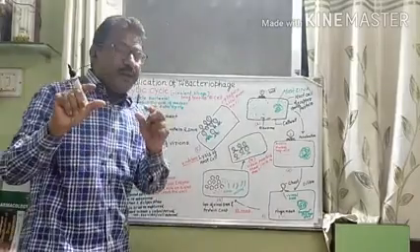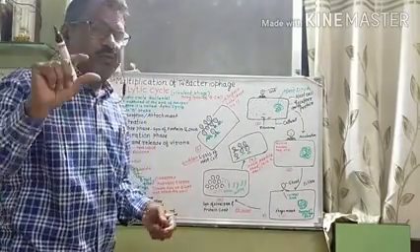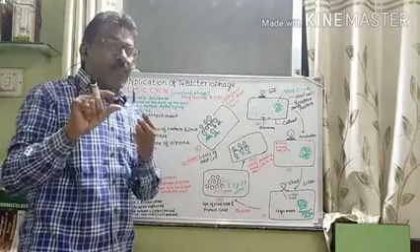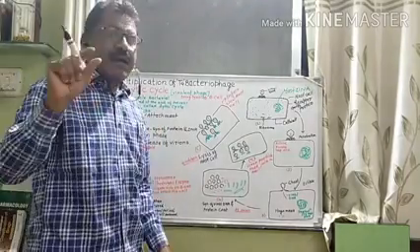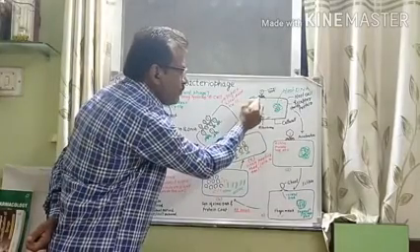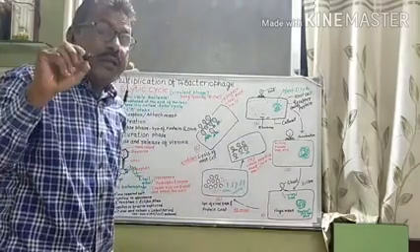There are specific protein receptors which are recognized by the tail fibrils of the bacteriophage, and it fixes on the wall of the bacterium where the protein receptors are.